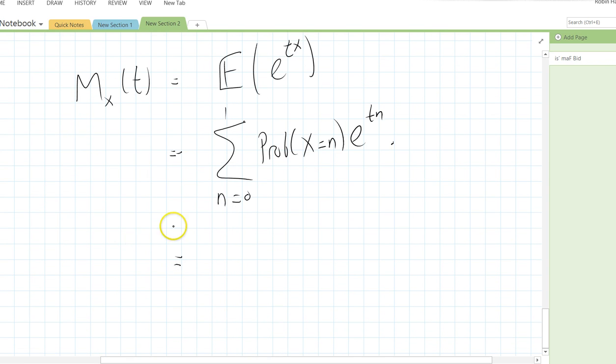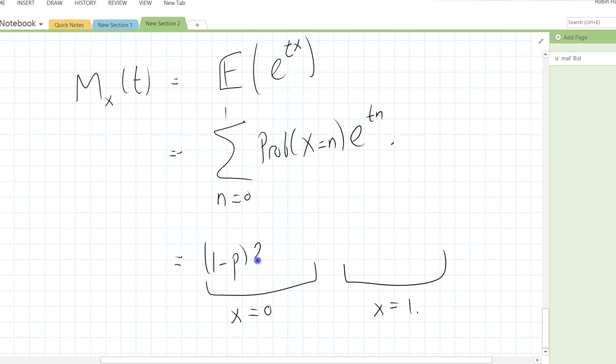So it's equal to, well, we do the two cases. There's the 0 case, and here's the X equals 1 case. So what's the probability of that? That's 1 minus p, the probability of failure, times e to the t times 0. Why is it 0? It's because here, n equals 0, yeah?